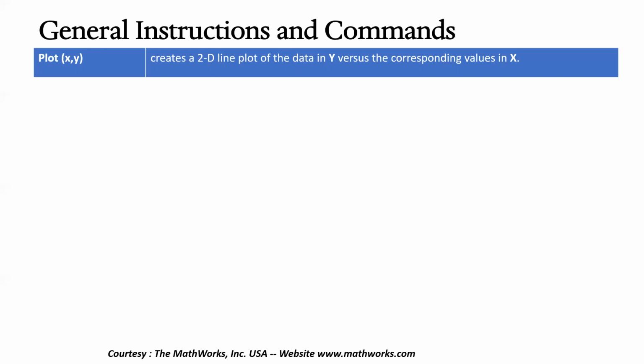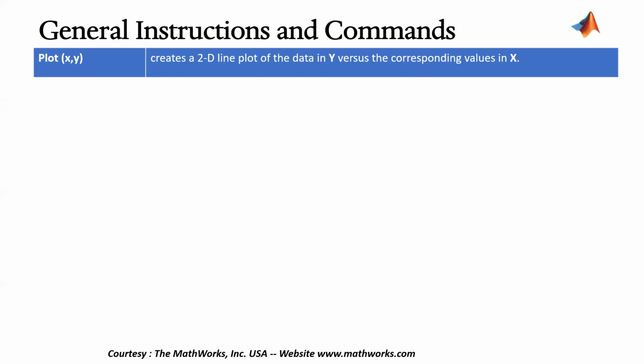Whenever we have difficulty identifying, just looking at the raw numbers, how the input and output values vary with respect to each other, we use plot of x comma y to form a 2D line plot of the data, y versus the corresponding values in x.